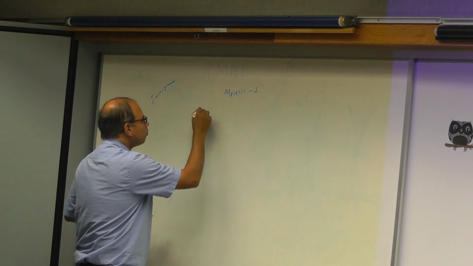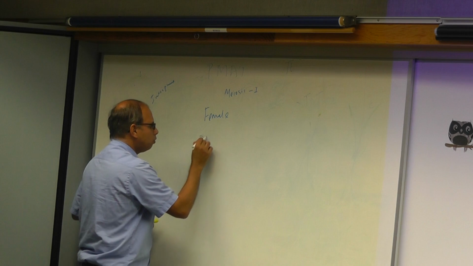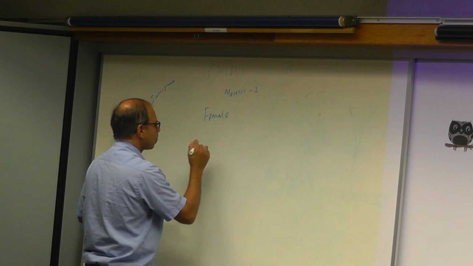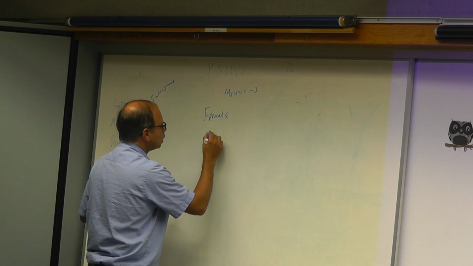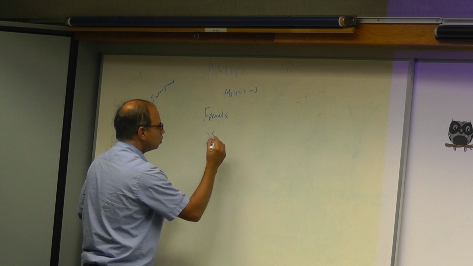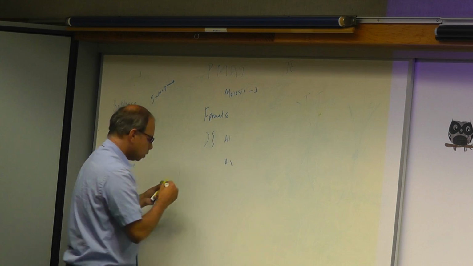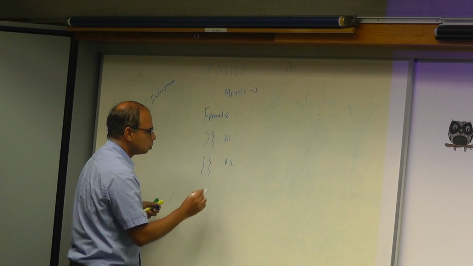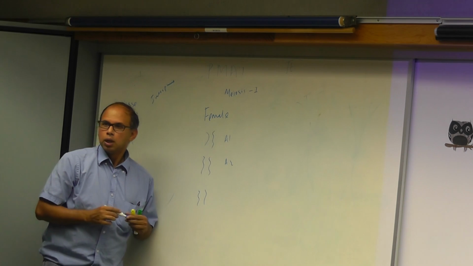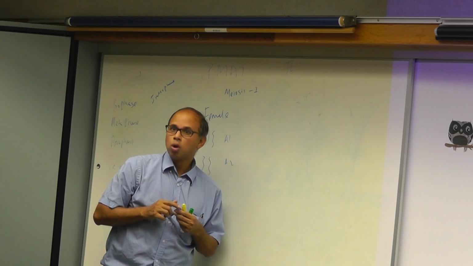So if you are a female, let's say they call it A1, A2. These are the homologous chromosomes. And then the 23rd one is not a homologous chromosome.